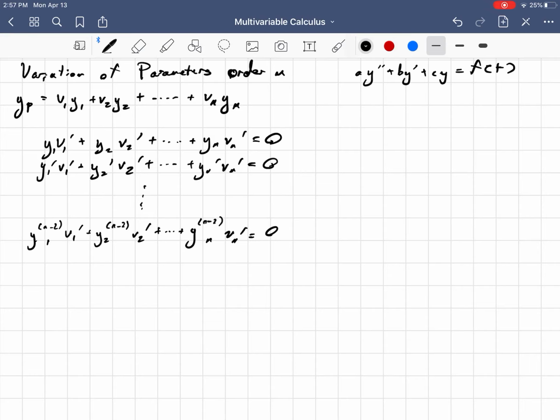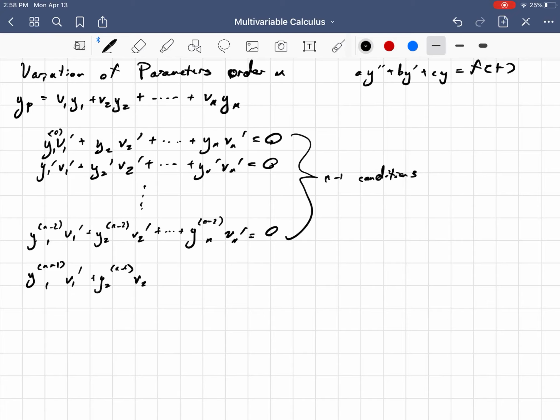My bad. Here there's actually n minus 1 conditions, because we start at the 0th derivative, or in other words, just the function.